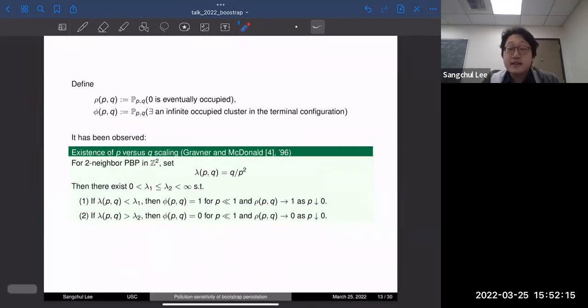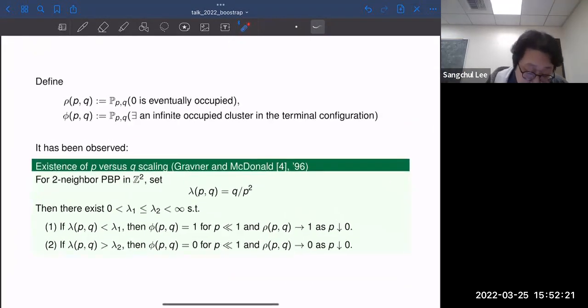Okay, now in this case, again, we draw a similar question as before. We will define two functions. Rho, which is the probability that the origin is eventually occupied under this polluted bootstrap percolation model.